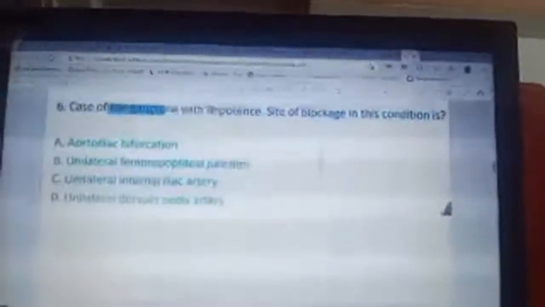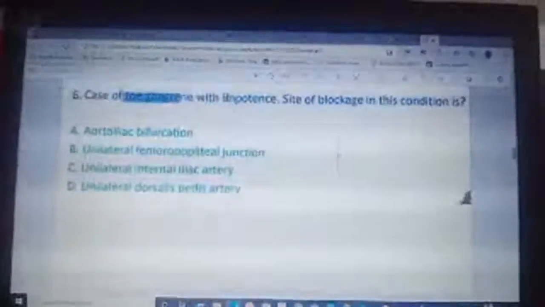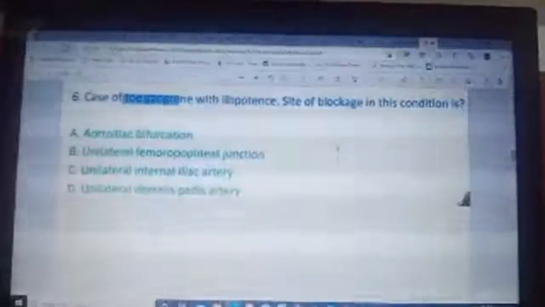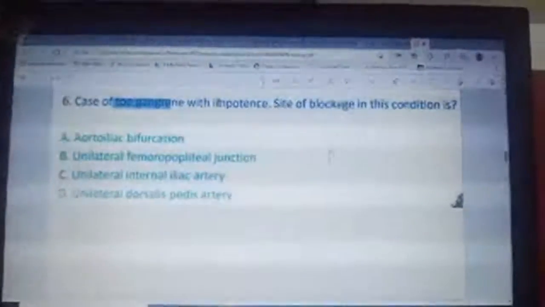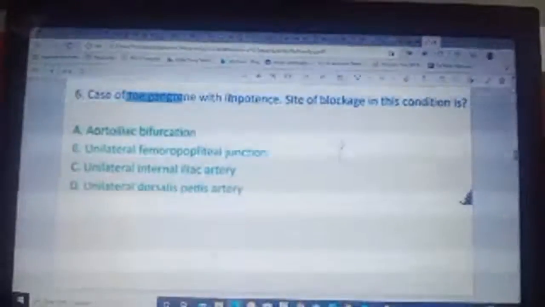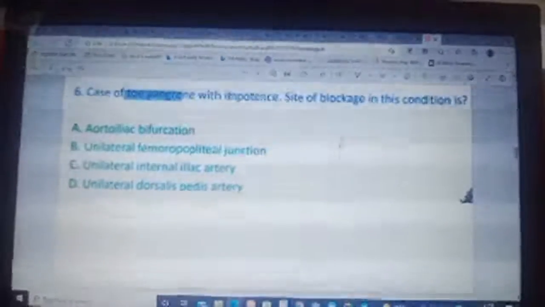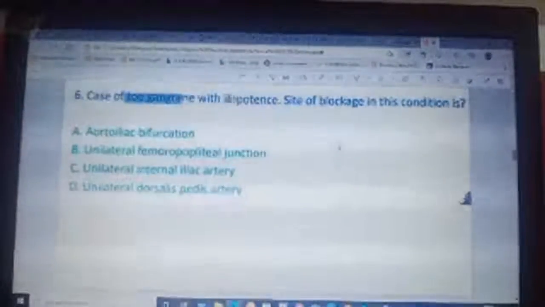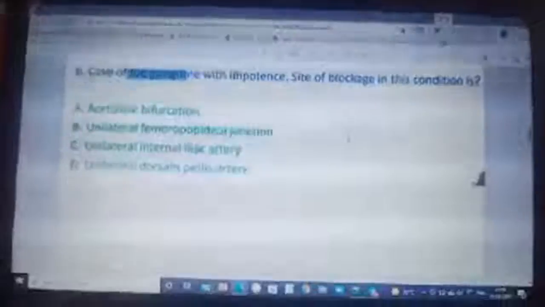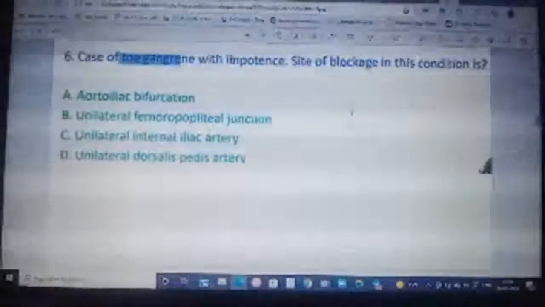A case of toe gangrene with claudication, the site of blockage in this condition is usually the uppermost area of blockage, and the artery which contains the major blood vessels and the large vessels is usually blocked.